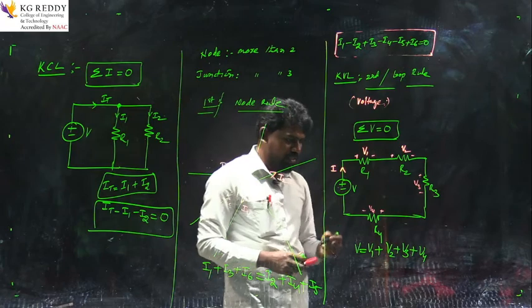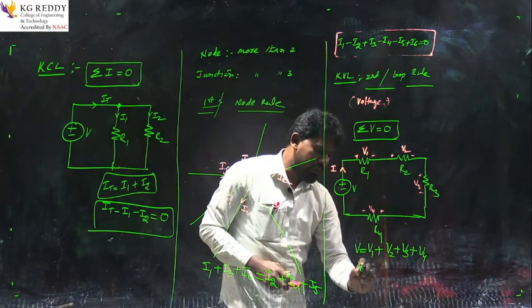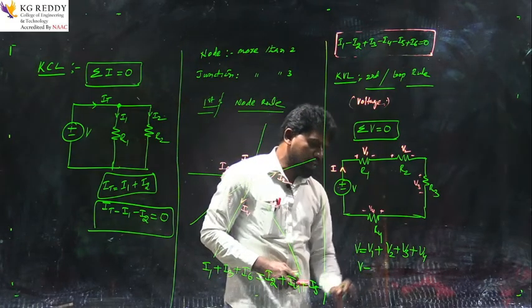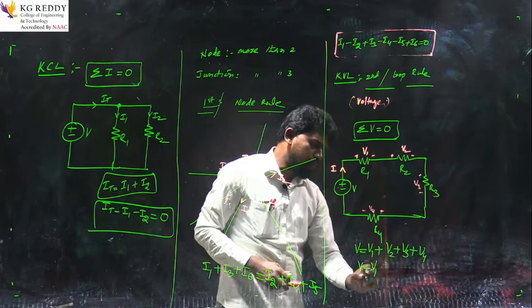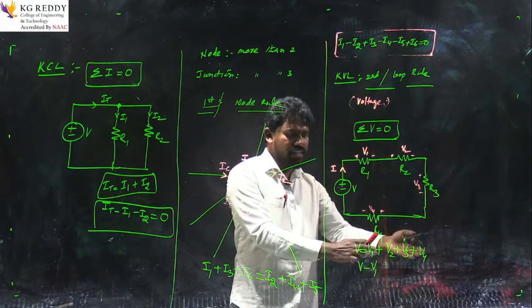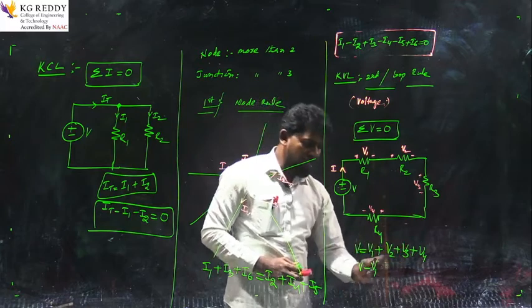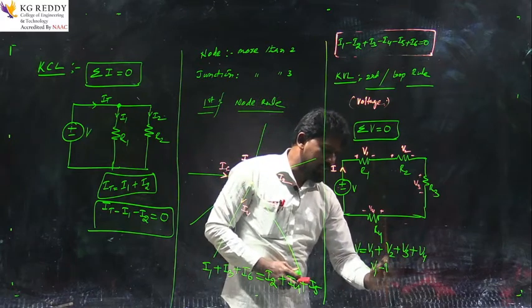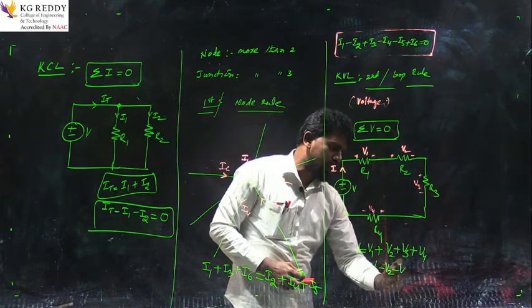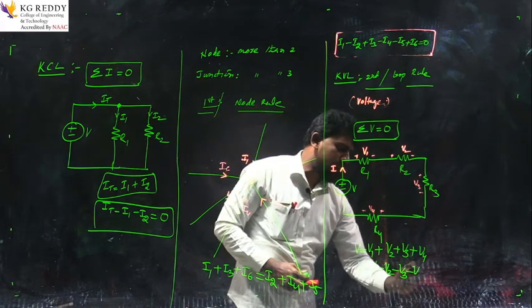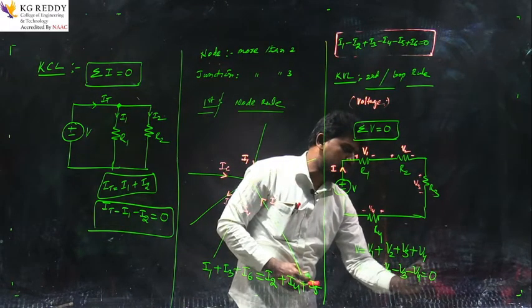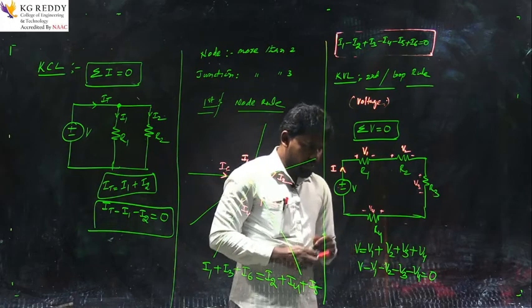According to this equation, I am going to rewrite it: V minus V1. I move all the right-hand side terms to the left-hand side, then positive becomes negative. So V minus V1 minus V2 minus V3 minus V4 is equal to 0. Is it clear?